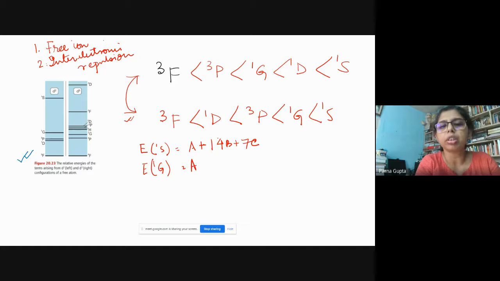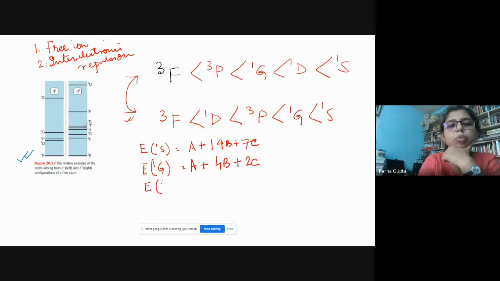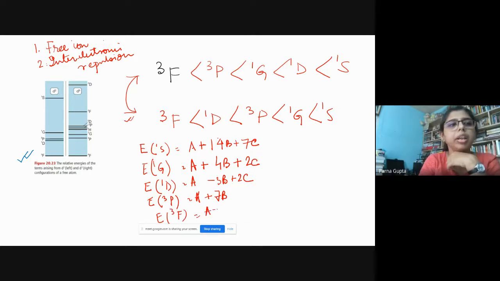So see that the A value will remain the same. 4B plus 2C. E1D is equal to A plus 3B plus 2C. E3P is A plus 7B. E3F is A minus 8B, right? So these are the values.